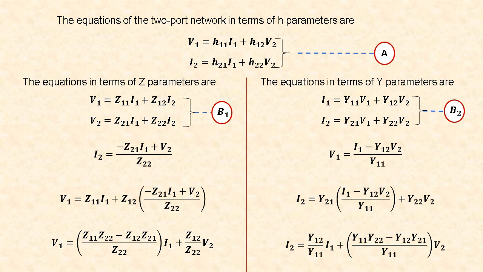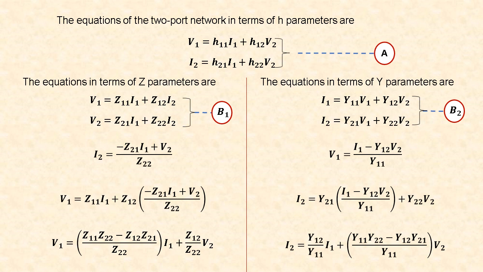Next, we shall write the equations in terms of Z parameters, V1 and V2. Now, from the second equation, that is V2, we can find I2 as minus Z21 into I1 plus V2 divided by Z22.